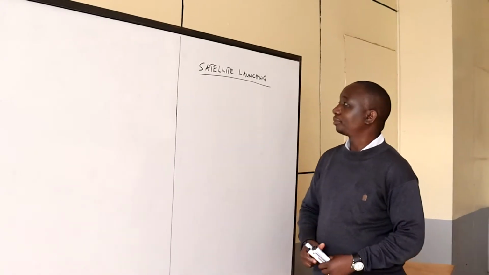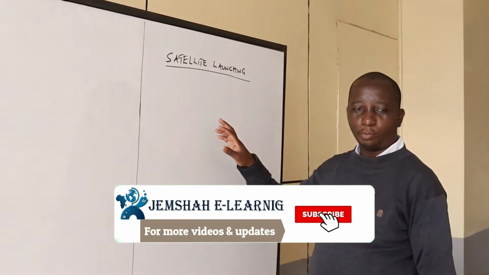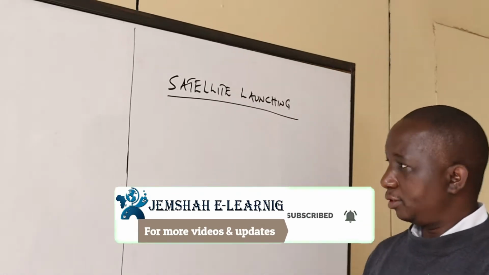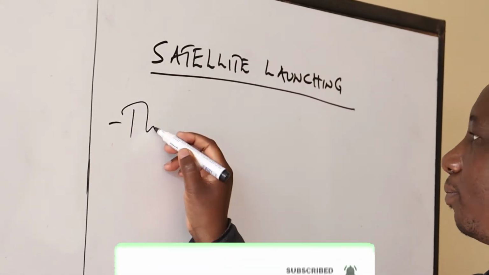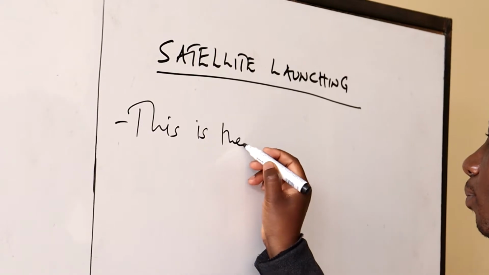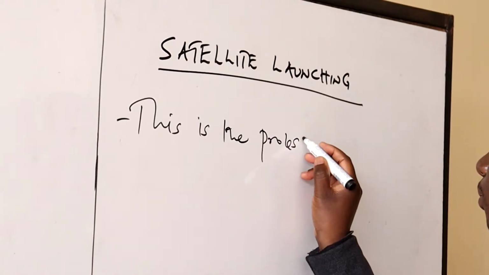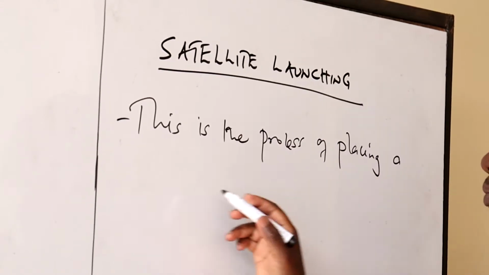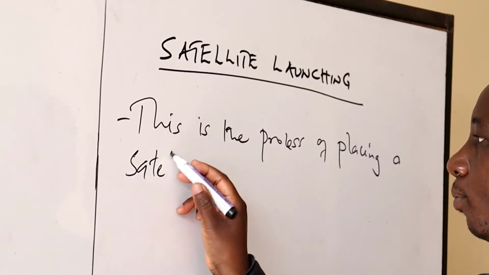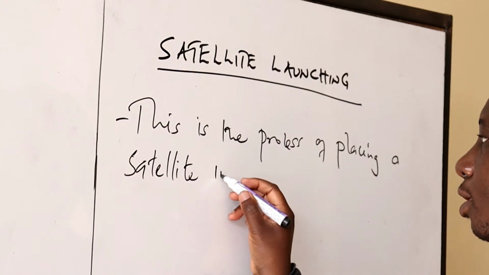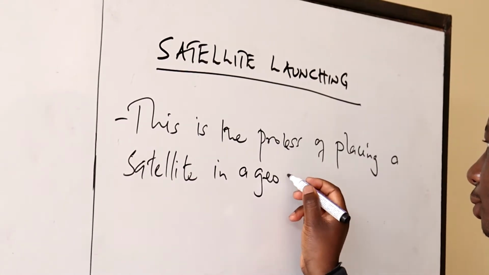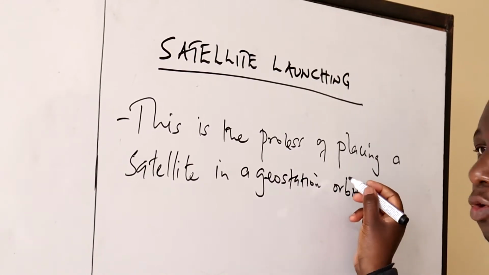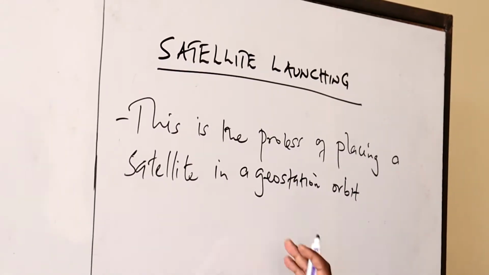Satellite launching. This is the process of placing a satellite in a geostationary orbit. So we're going to have a sketch of this.